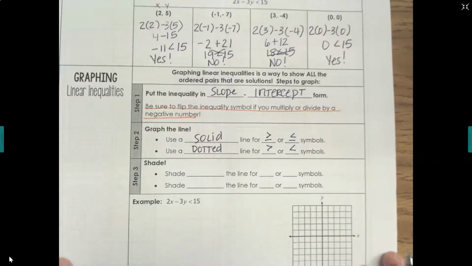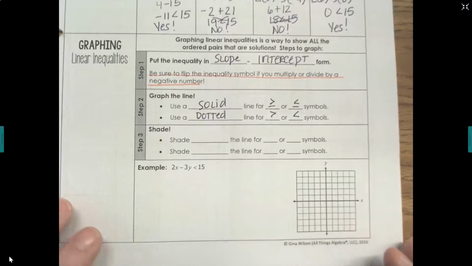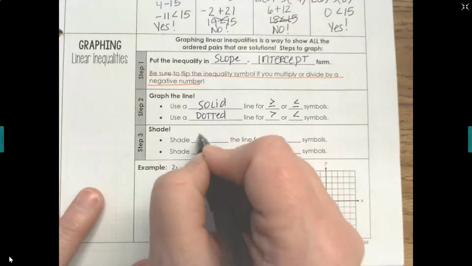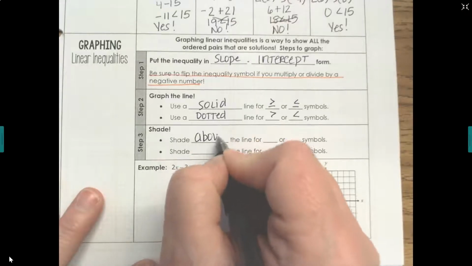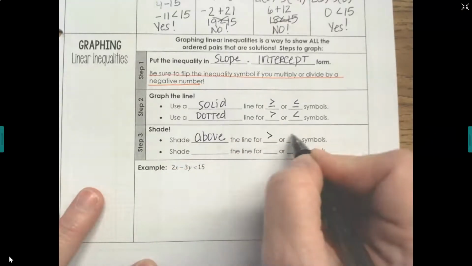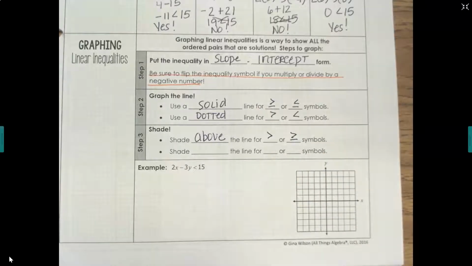Now shading. Shading is where we kind of struggled, so hopefully we'll be able to pick this up this time through. You're going to shade above the line if you have a greater than or a greater than or equal to sign. That is going to be above the line.